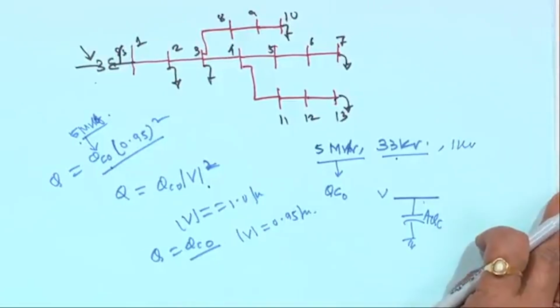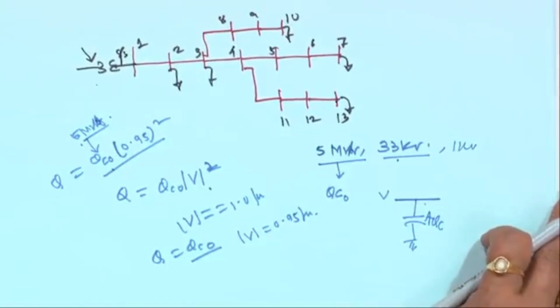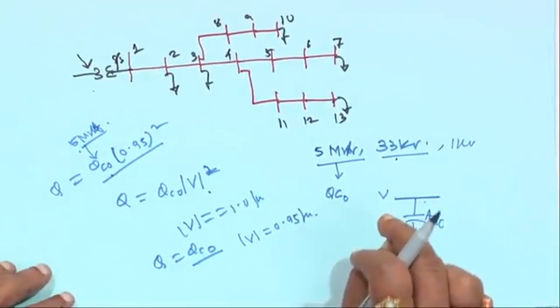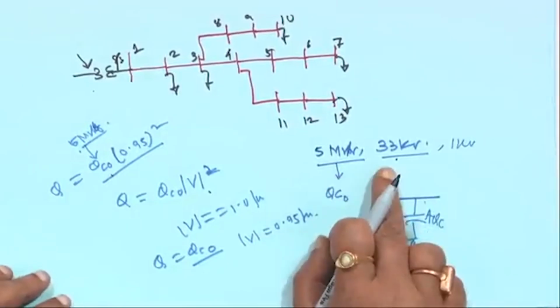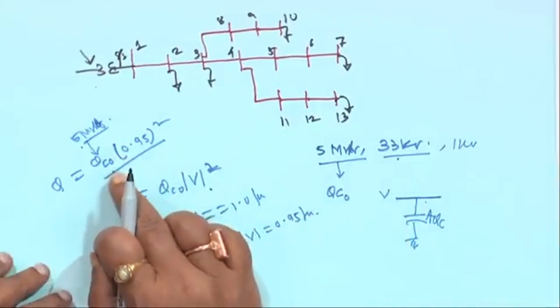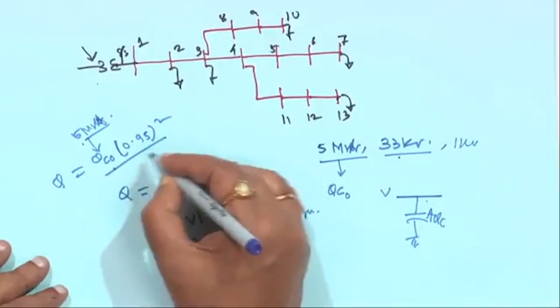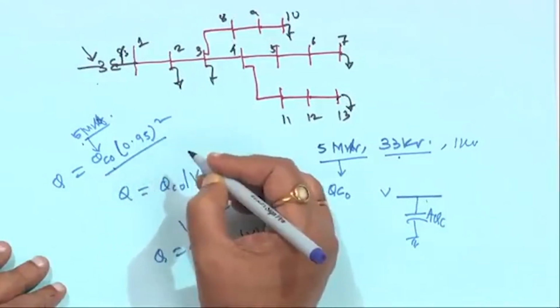If I try to do constant impedance for the capacitor and other composite loads, it will be difficult for classroom purposes. So the manufacturer rating will be like this, but in reality it will inject less. But if the voltage goes more than that, say 1.01, it can also happen, it does not matter.